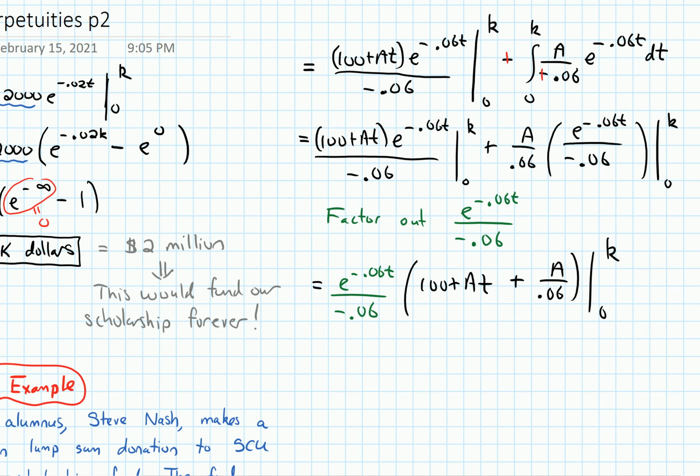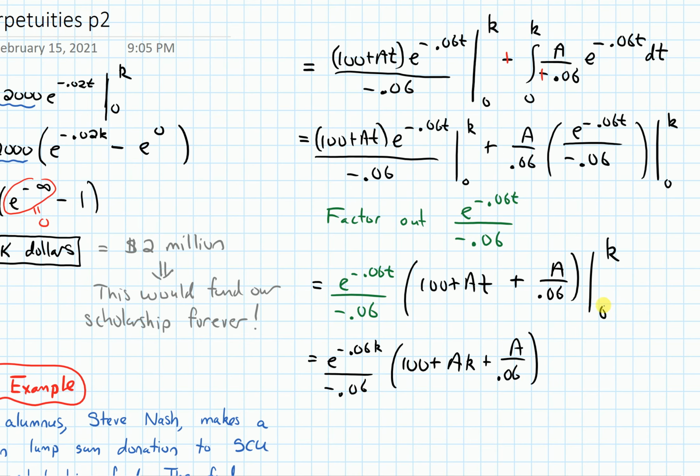Okay, so let's plug in. First, let's plug in the k. And that'll give me e to the negative 0.06k over negative 0.06 times 100 plus, remember I'm plugging in for t because t was the variable in my antiderivative. I was integrating with respect to t. So I'll get plus a times k and then plus a over 0.06.